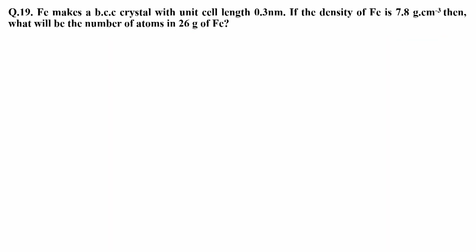Next, we discuss problem number 19. Fe iron makes a BCC crystal with unit length 0.3 nanometer. If the density of iron is 7.8 grams per centimeter cube, then what will be the number of atoms in 26 gram of Fe?